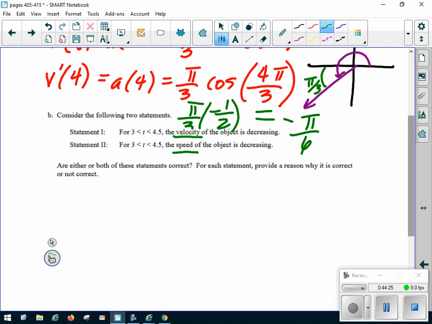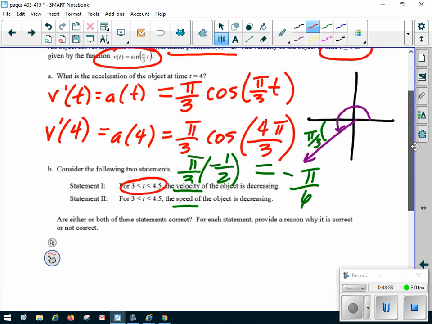Okay. The first thing I want you to know is why were these picked? If I let t equal 3, what's that? Pi.